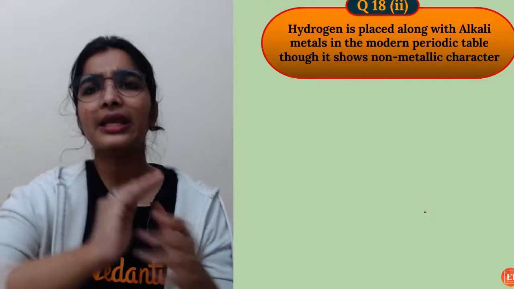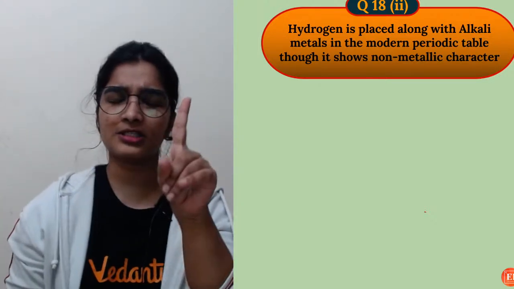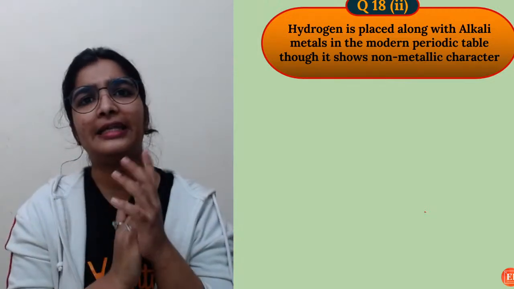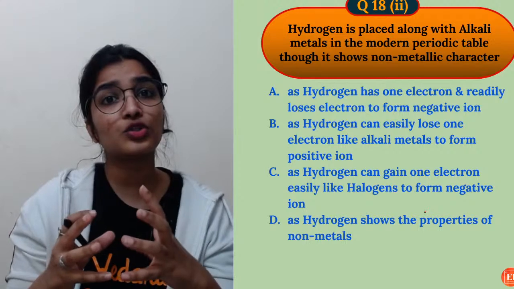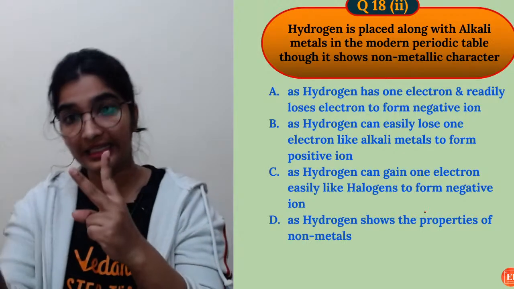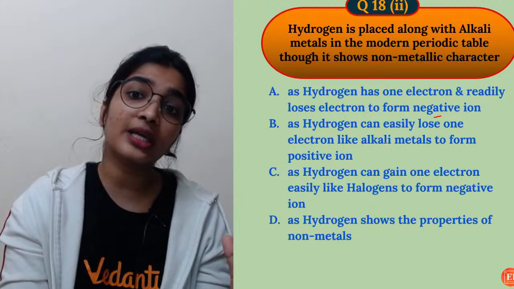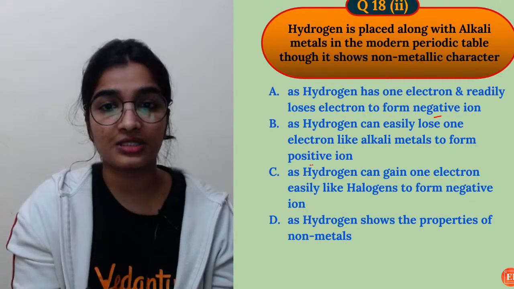Okay. The next question: hydrogen is placed along with alkali metals first in the modern periodic table, even though it shows non-metallic character. Why? What could be the reason? A, as hydrogen has one electron and readily loses an electron to form a negative ion. B, as hydrogen can easily lose one electron like alkali metals to form a positive ion.